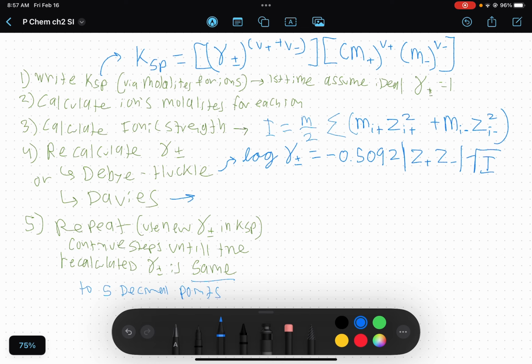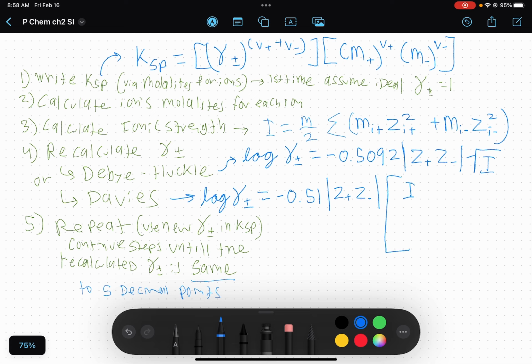The Davies is a bit bigger. It's still the log gamma plus minus equals negative 0.51, I believe, 2. Oh no, times the absolute value of z positive, z negative. You know, let me see if I can move. And then let me make that a bit bigger.